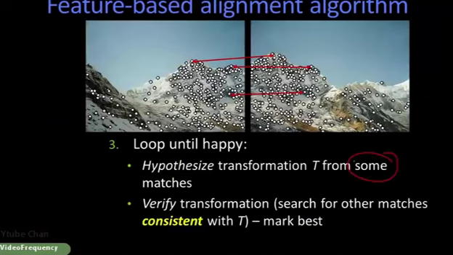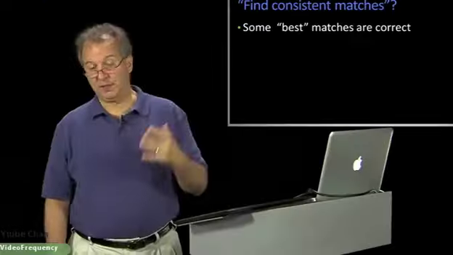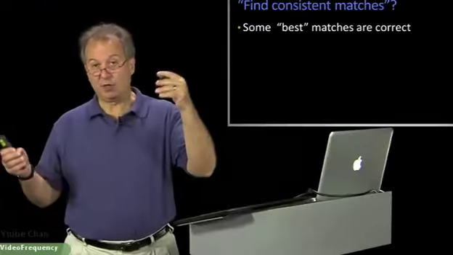And then we were going to verify the transform by looking for other matches that were consistent with the transform that we had solved for. And that's really fundamentally what we're going to do today, is talk about finding consistent matches. Some best matches are correct.